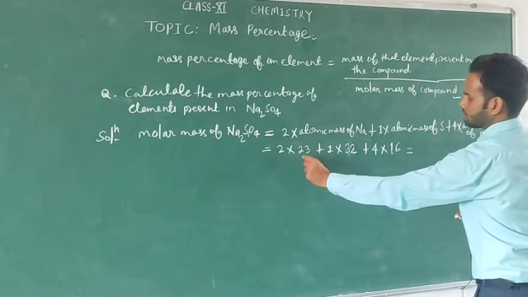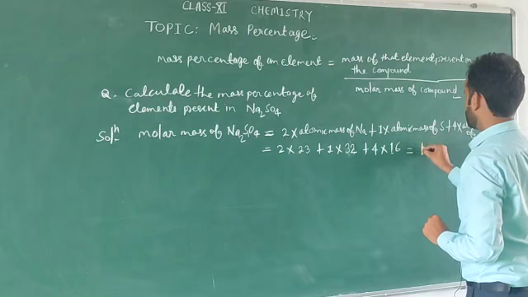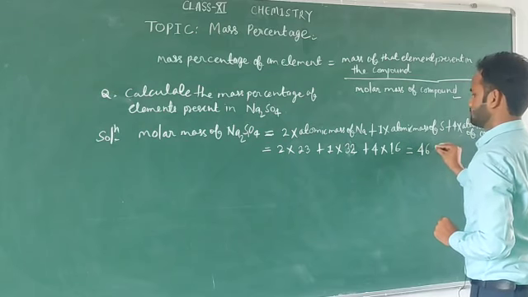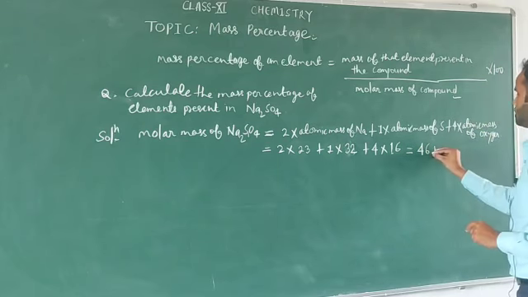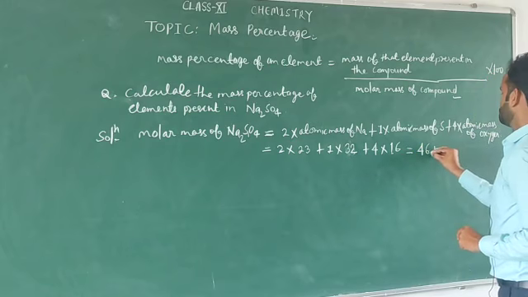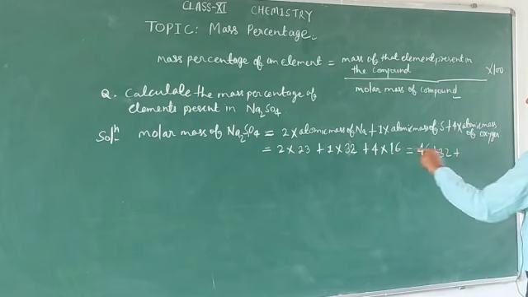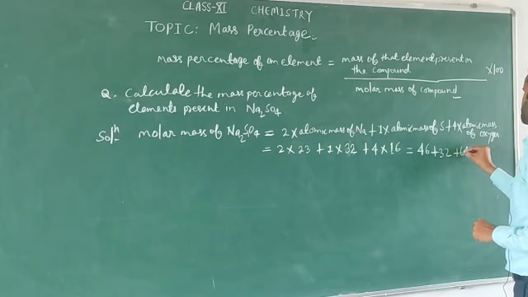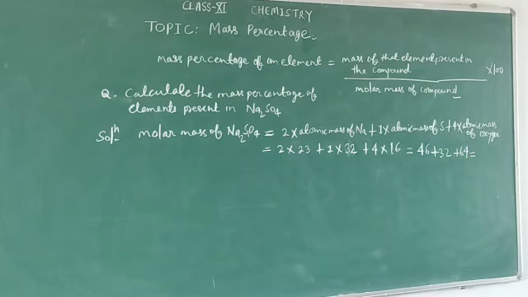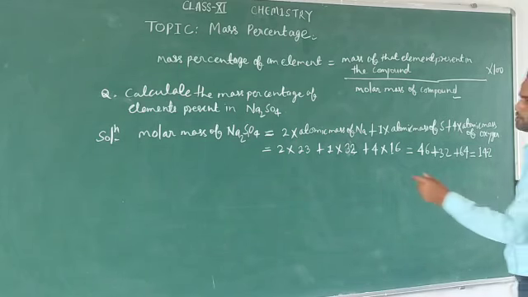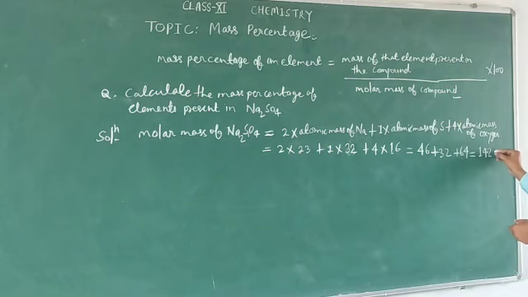So now we get 2 times 23, that means 46, plus 1 into 32, that means 32, plus 4 times 16, that means 64. After adding all of these we get 142. So the molar mass of sodium sulfate Na2SO4 will be 142 gram.